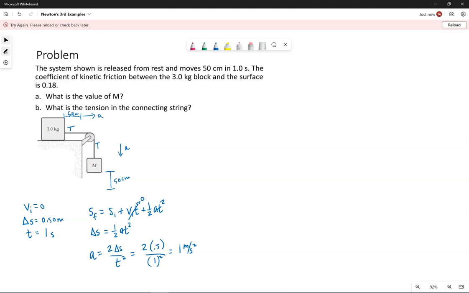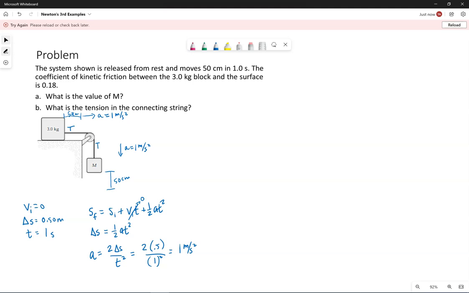This acceleration is going to be the same for both the block on the surface and the hanging block. But when we say that, we mean the magnitude of the acceleration. The numerical value is the same. Both of them will accelerate at a rate of 1 meter per second squared.